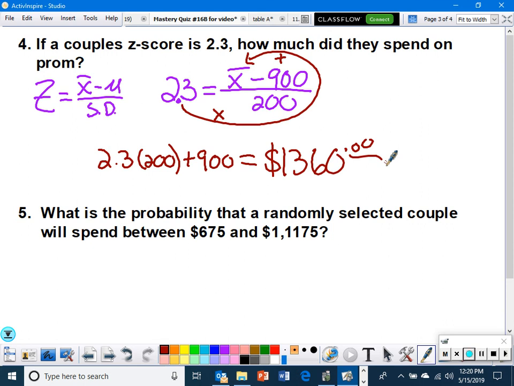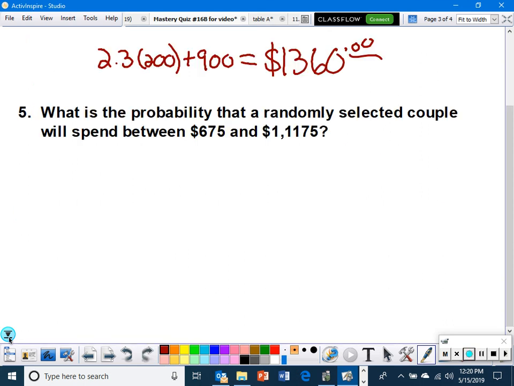All right, number 5, what is the probability that a randomly selected couple spent between $675 and $1,175? All right, so we got to do 2 z-scores.